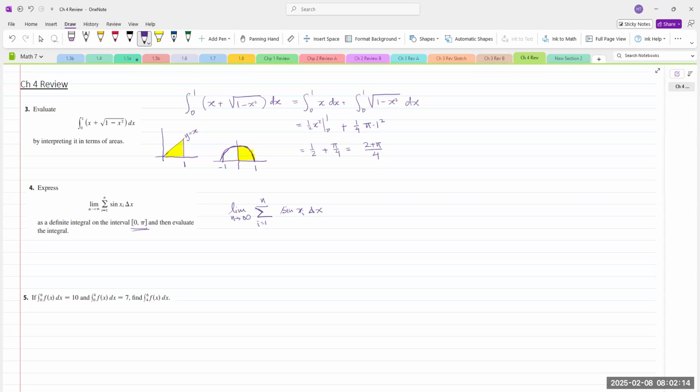So this is basically the integral from 0 to pi because they tell us so, of the function sine x dx.